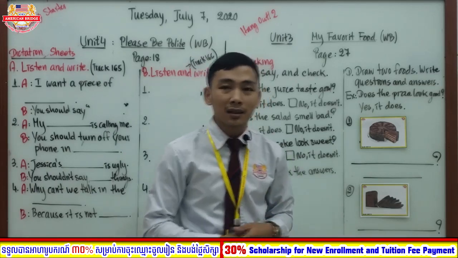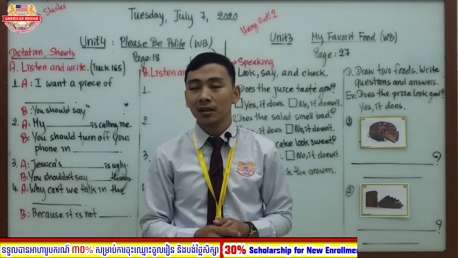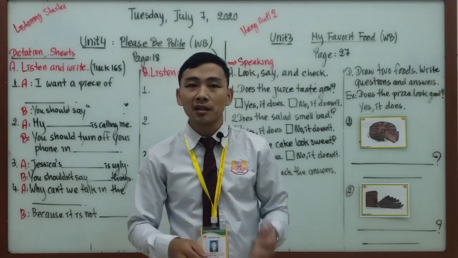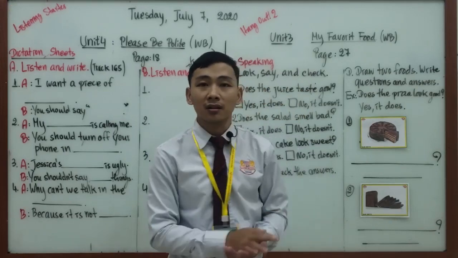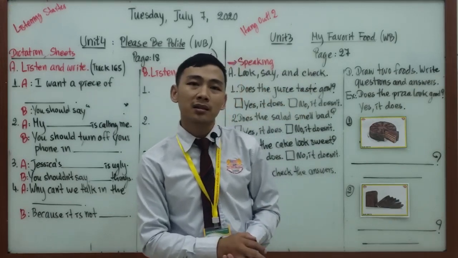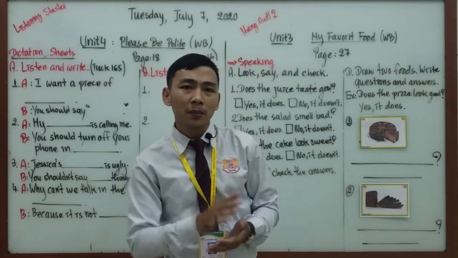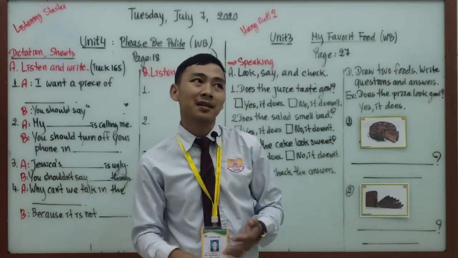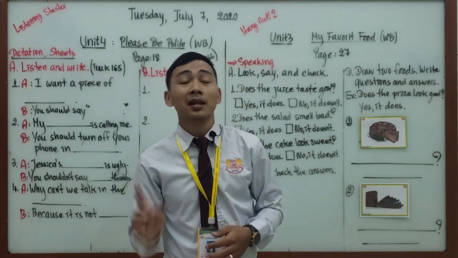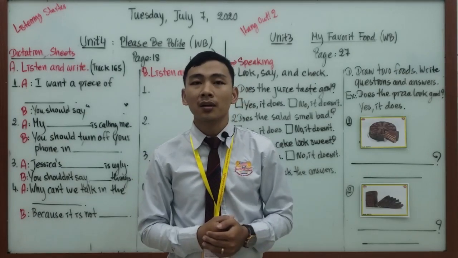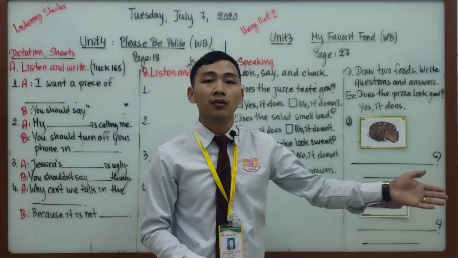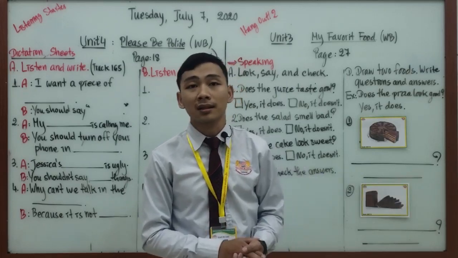Okay, but one of the parents does not line up at all. They just say excuse me so many times in order to get to the front. So do you think this way is polite? It's a little bit polite, right? Because he or she said excuse me. But honestly, I think it's not polite because he or she tried to get to the front without waiting for his turn. Is it right?